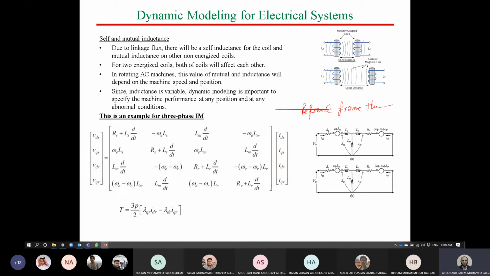For instance, we discussed previously that in an induction motor we have 2 objects. We have stator and rotor. And if you are standing on the stator side, you will see the flux is moving at synchronous speed, and you will see the motor rotating at the value of NR or rotor speed.